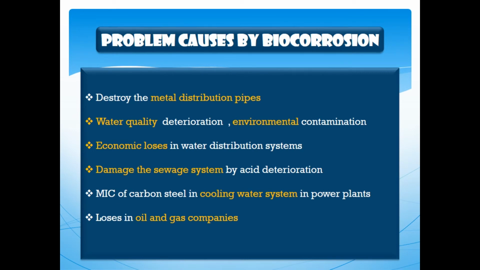Next, it causes economic losses in water distribution systems. And then it also damages sewage systems by acid deterioration. The next is microbially influenced corrosion of carbon steel in cooling water systems in power plants. And also the last one, it causes losses in oil and gas companies.